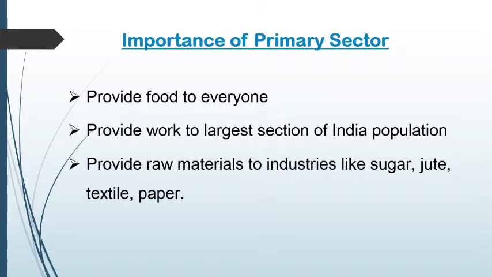In present, despite its reduced contribution in GDP, this sector is still providing food to everyone. It also provides work to the largest section of Indian population. All agro-based industries like sugar, jute, textile and paper industry depend on this sector for supply of raw materials.